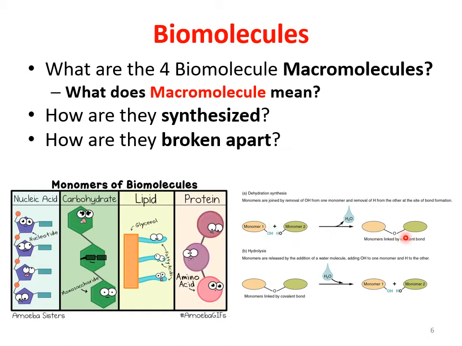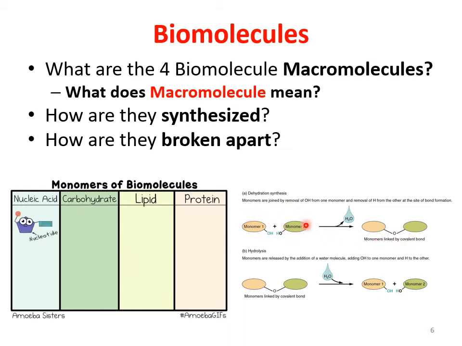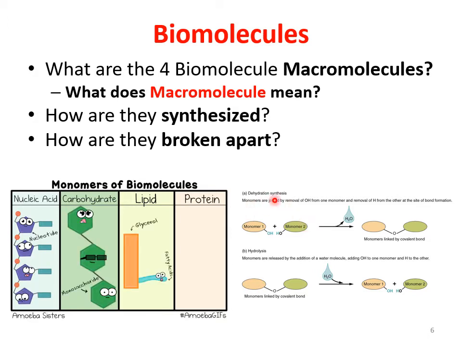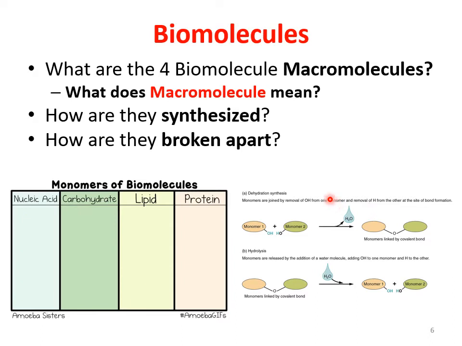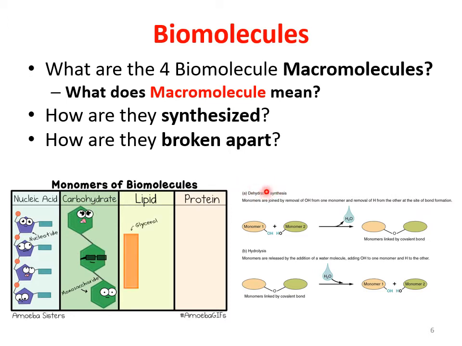So each monomer is stuck together and you end up having a big polymer. Okay? Polymer meaning many subunits. So that's dehydration synthesis, removing a water molecule to synthesize the macromolecules, okay?